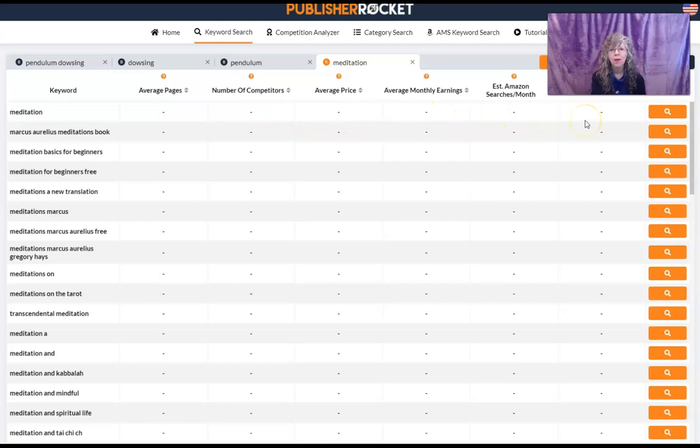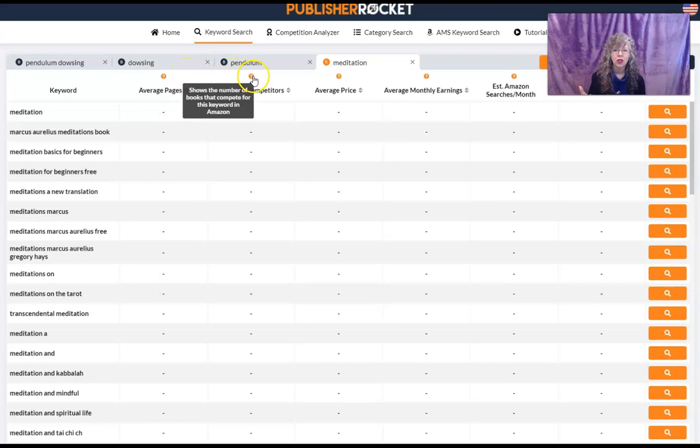So before I have it populate stuff, what I'm going to do is walk you through what each of these mean and which ones to pay attention to for what we're doing right now. Average pages means, for the top ranking books, how many pages those books are, okay, which is a good thing to know.